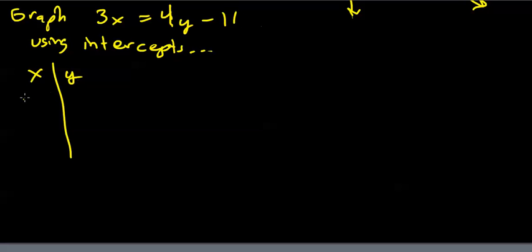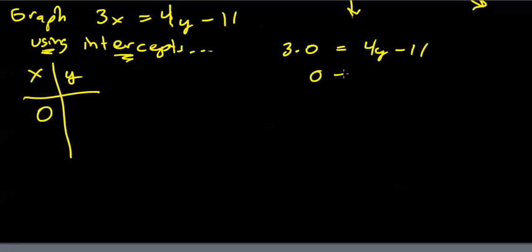Make a table of values here. We want to use the intercepts. Again, the author tells us to use the intercepts here to graph this equation. That means I'm going to have to find the y-intercept and the x-intercept. If I let x be 0, I can easily solve for y. So 3 times 0 equals 4y minus 11.